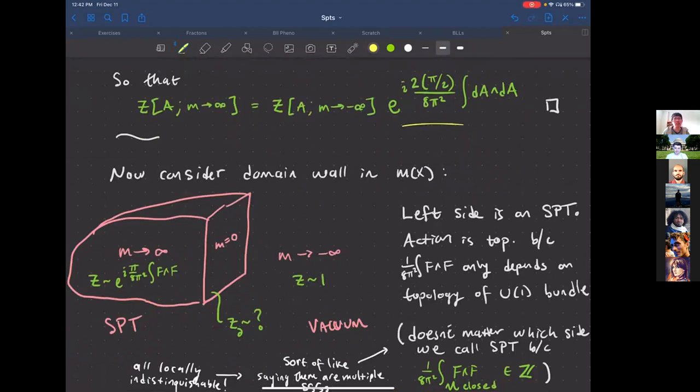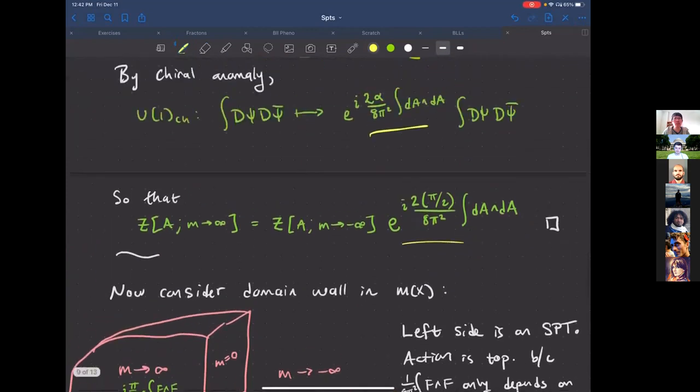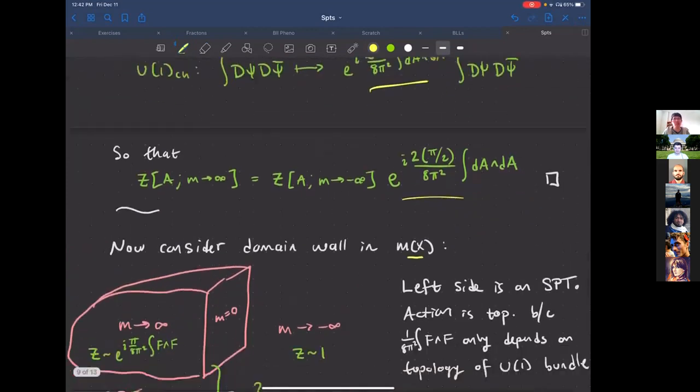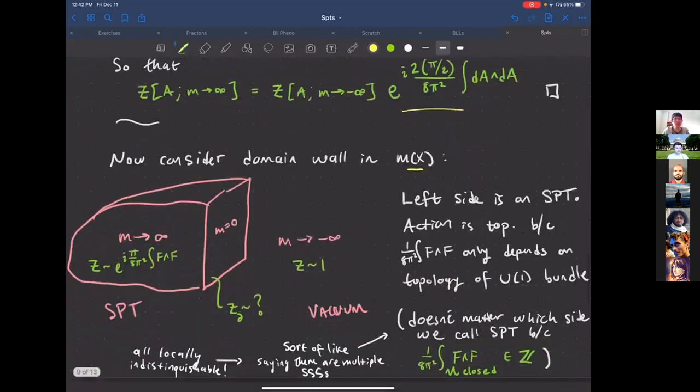So now what we can do is consider a domain wall where this mass changes sign. Here I'm drawing this picture in space, but we're in 3+1 dimensions, so there's also a time dimension. We consider a scenario where m goes to, for example, infinity over here, and over here m goes to -infinity.